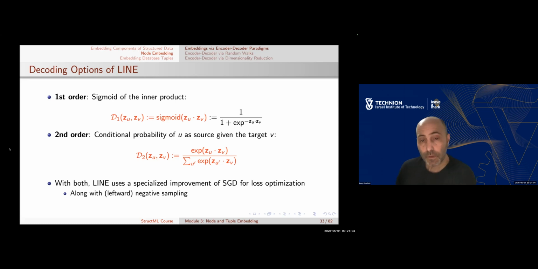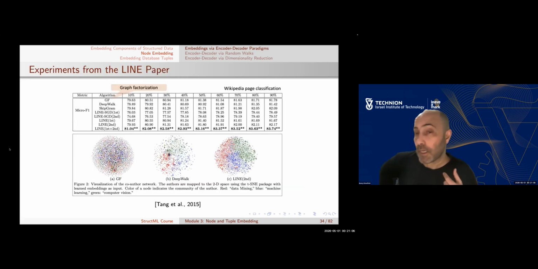So they show the value of their technique, the LINE algorithm, using experiments. In these experiments, they do multi-class classification, page classification of Wikipedia. And they compare it to different embedding techniques like graph factorization.